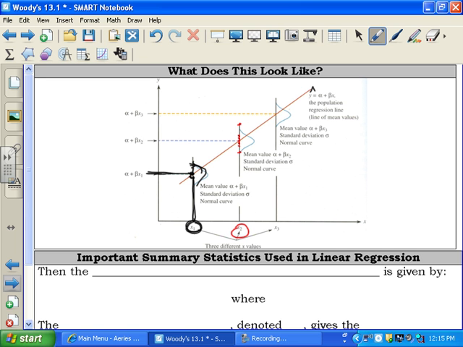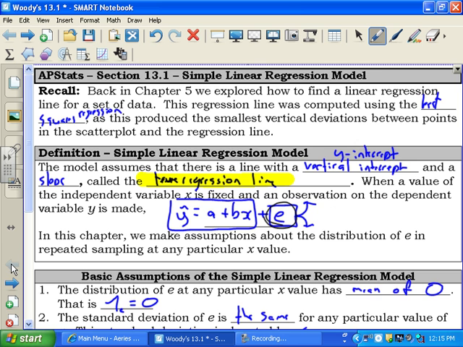It's kind of hard because this normal curve needs to be in 3D. Does that make sense? It's on its side, but it almost needs to be kind of coming against you this way. Okay? So that's extreme, and then we're going to have values that are closer to that predicted value. And so the standard deviation becomes a huge play on how good our linear model is. And that's what we're talking about with that error.